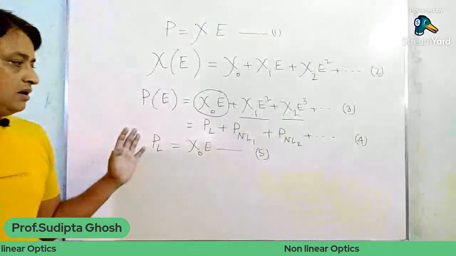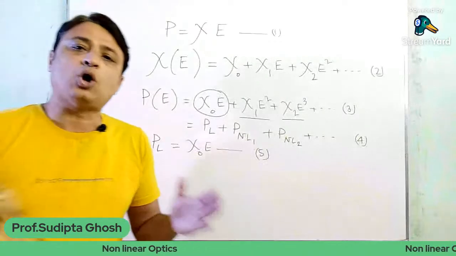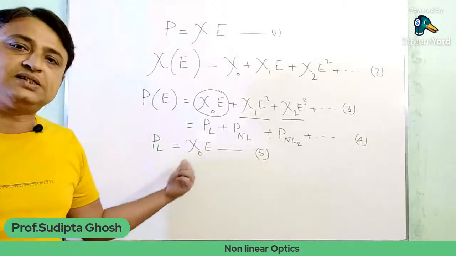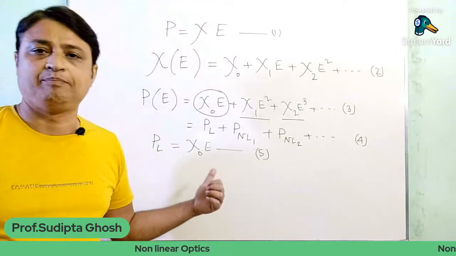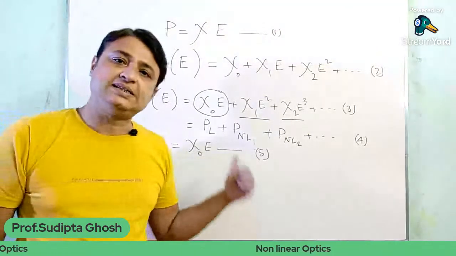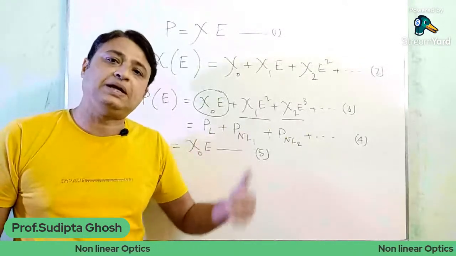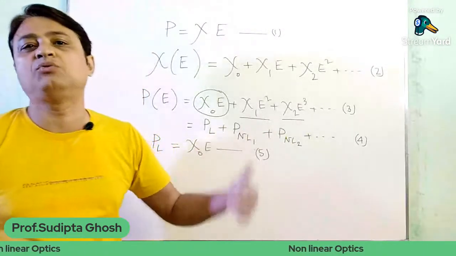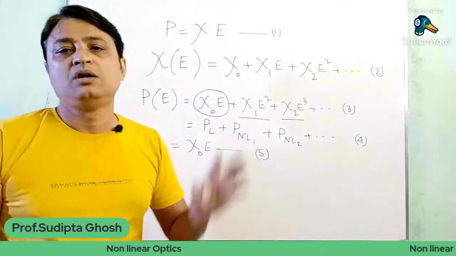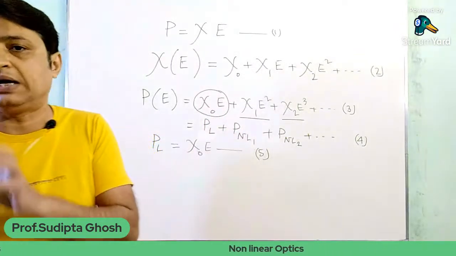So keep in your mind that whenever we are talking about non-linear optics, this linear term is also present there. The linear optical effects we have already found in our previous physics discussions will all be present in the non-linear optical domain.